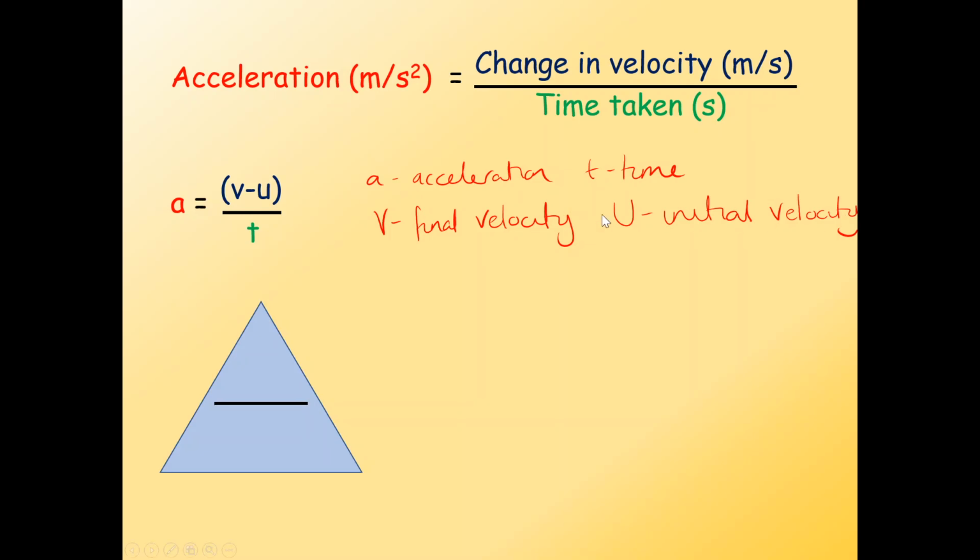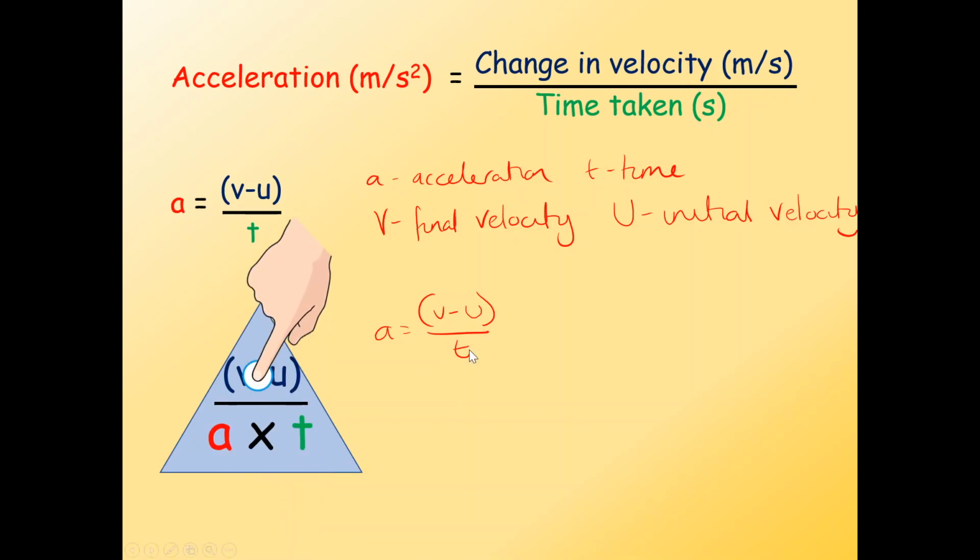Okay, so as usual we can put this into a formula triangle to help us to rearrange the equation. If we first of all cover up the a to work out acceleration, what we're left with is v minus u divided by t. So a equals (v - u) / t.